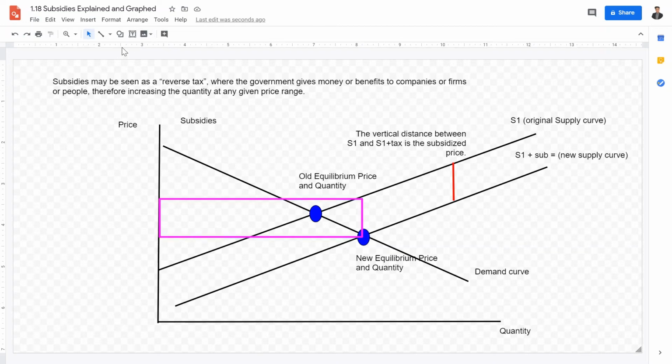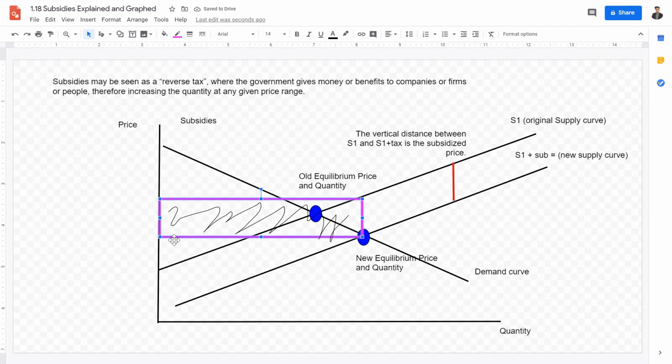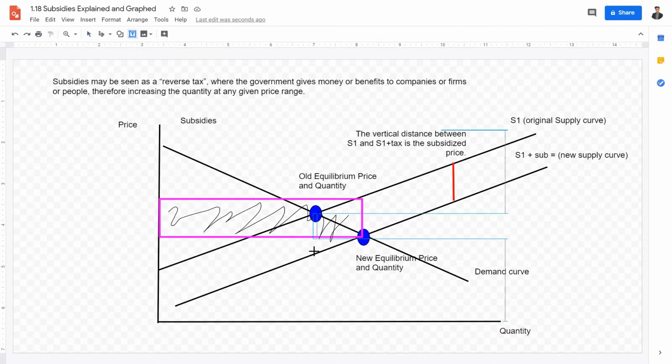This box right here means the total cost of the subsidy. Now there's another box we have to take note of.